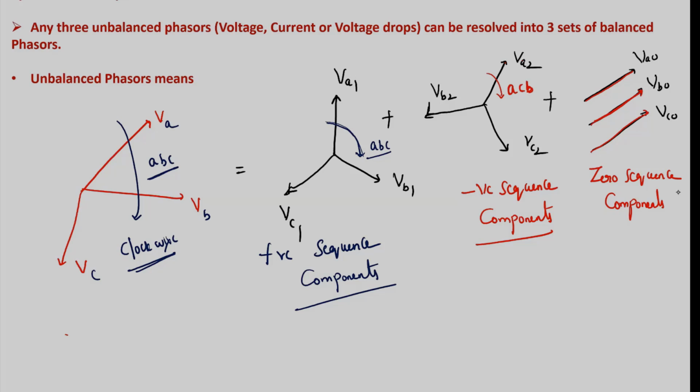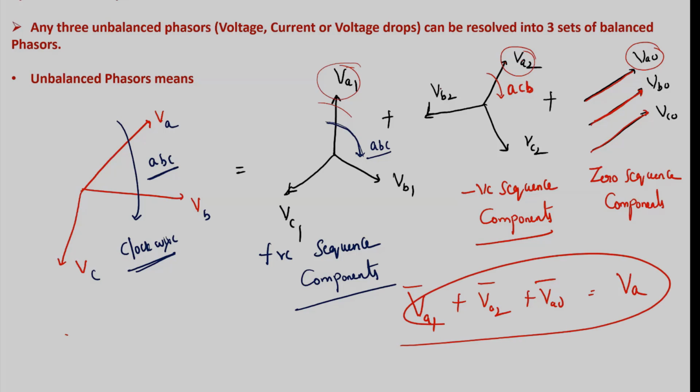Just to understand, see here, their orientation can be such that if you add VA1 plus VA2 plus VA0 vectorially, then you are going to get VA.